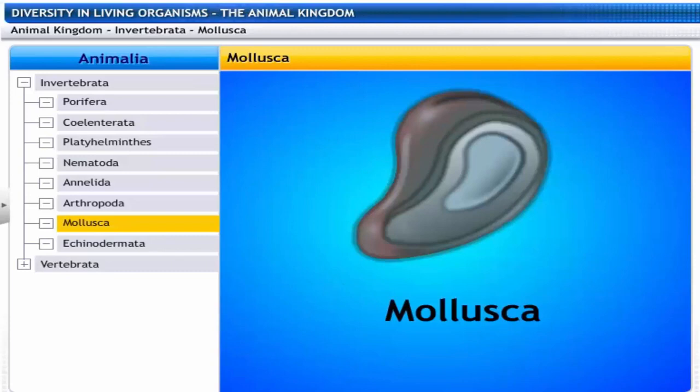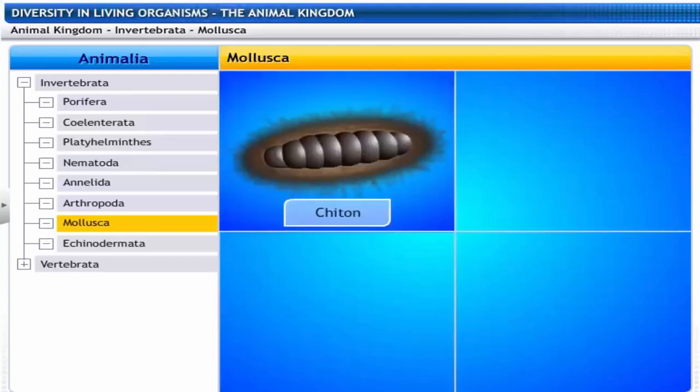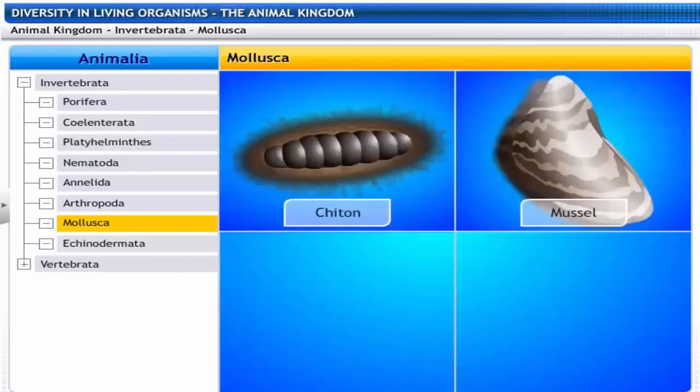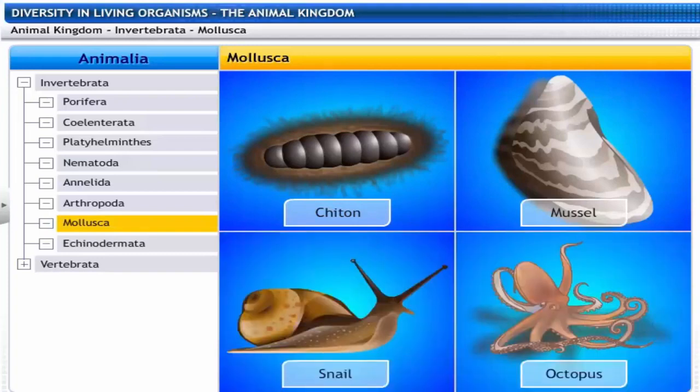The name Mollusca is derived from Latin. It means thin-shelled and soft. Phylum Mollusca includes chitin, mussel, snail, and octopus.